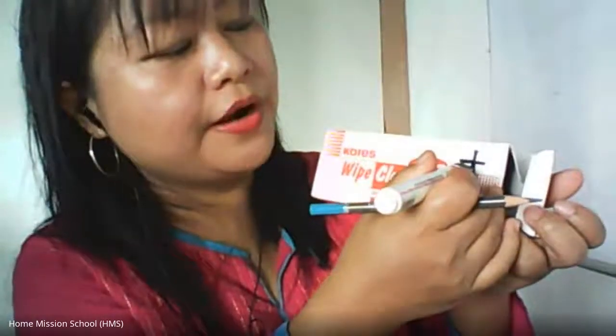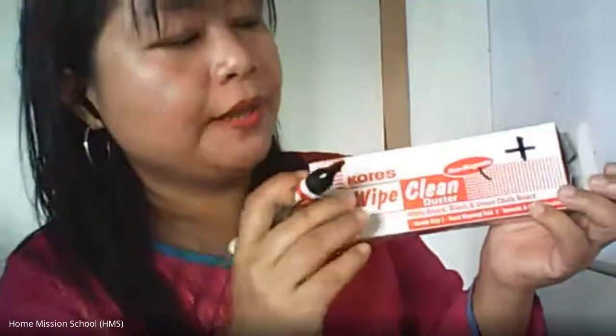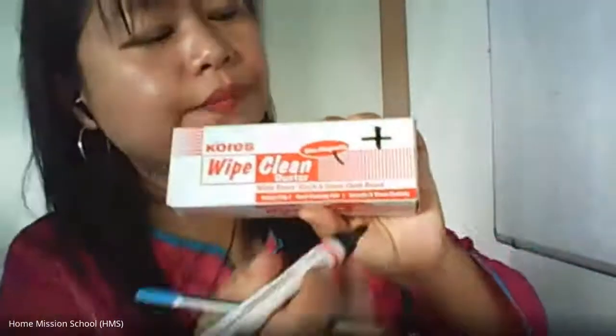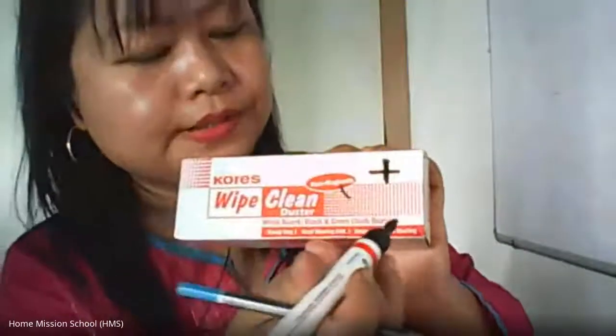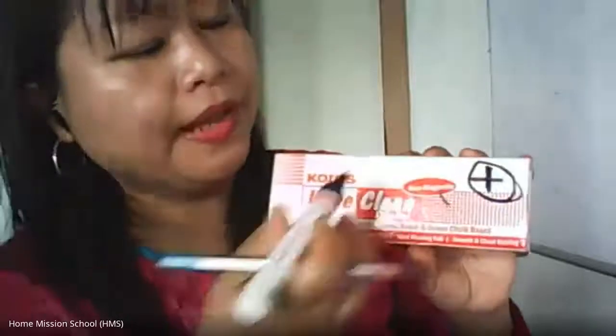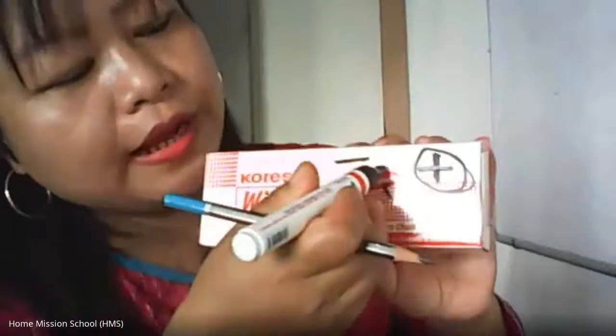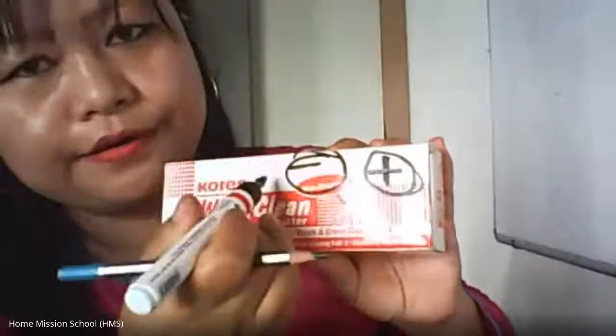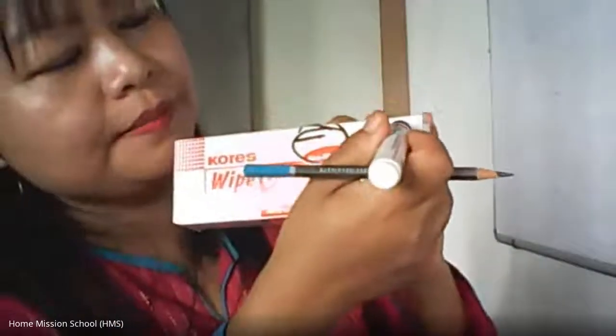And many of you are well aware of the fact that there are around 13 people who have already tested positive for the coronavirus. When they are tested positive, they have this. Positive means this, and negative means this. That means that they do not have the coronavirus. The plus sign means that they have the coronavirus.